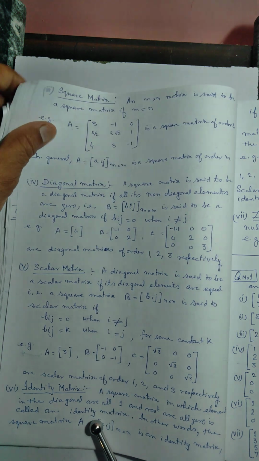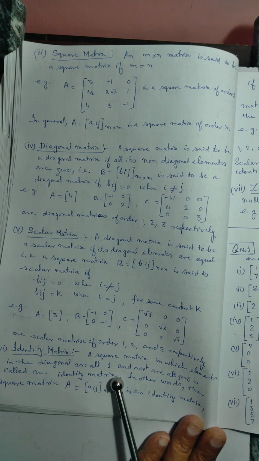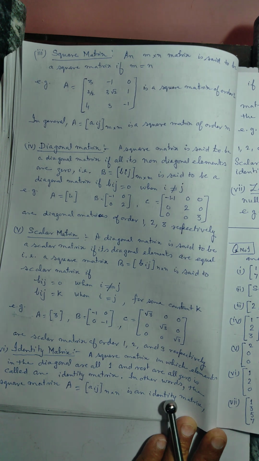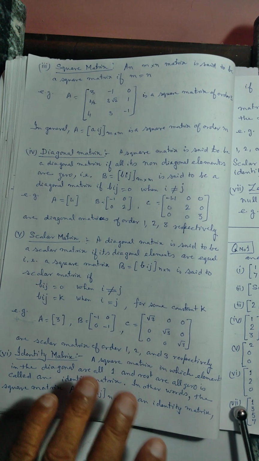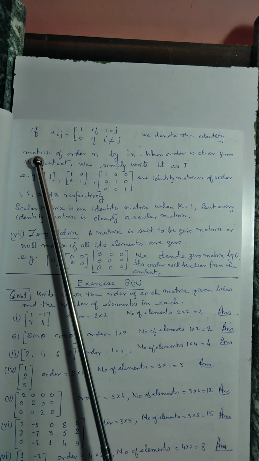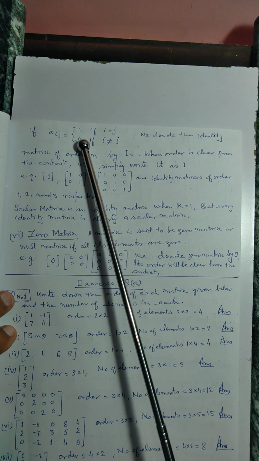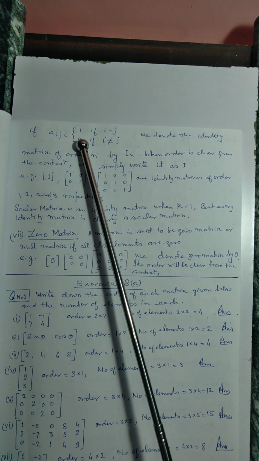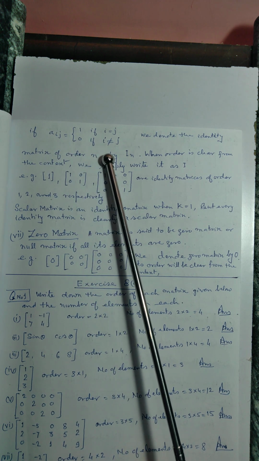Now, identity matrix: a square matrix in which the elements in the diagonal are all 1 and the rest are all 0 is called an identity matrix. In other words, the square matrix A, small a in bracket, a_ij, n into n, is an identity matrix if a_ij equals 1 if i is equal to j, and 0 if i is not equal to j.